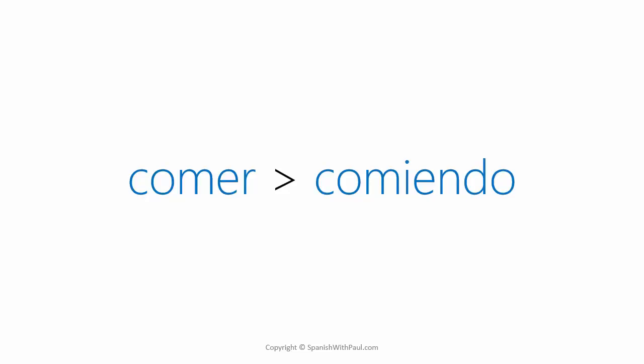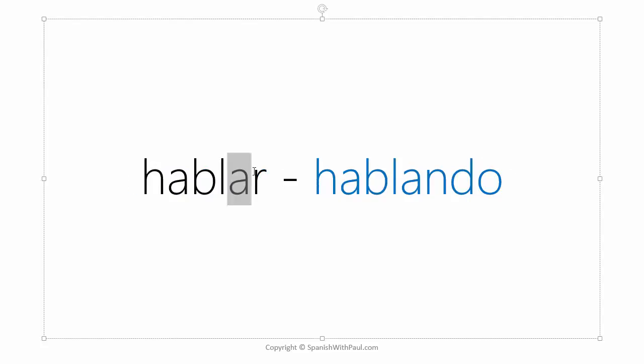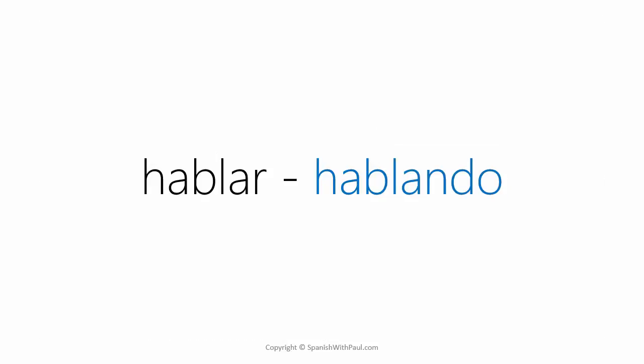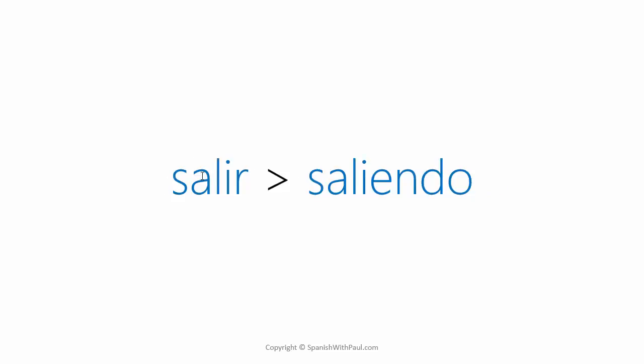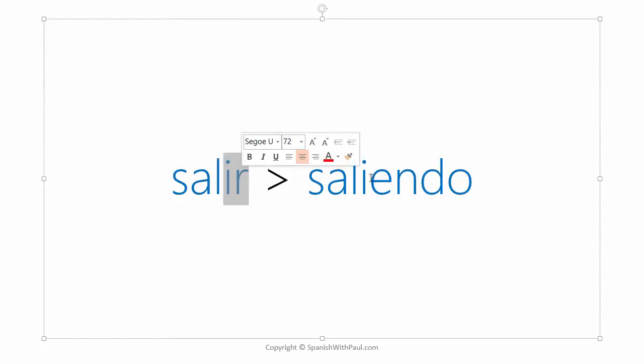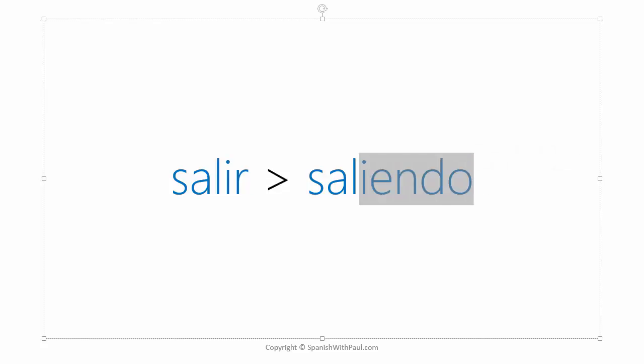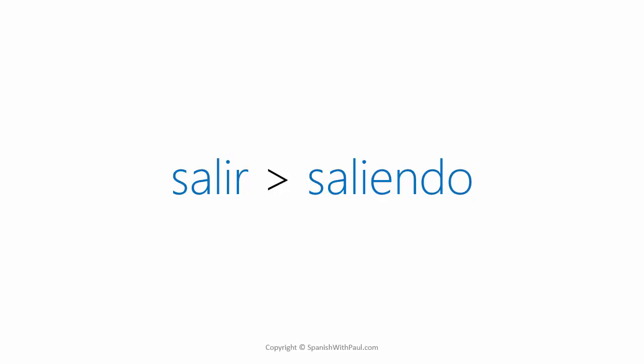Again, you can see it's important here that if we have an AR verb, it goes to an ando sound. So hablar, hablando. But if we don't have an AR verb, for example, salir ending in IR, we get the yendo sound instead. So you have saliendo, and the same thing happening with comer.